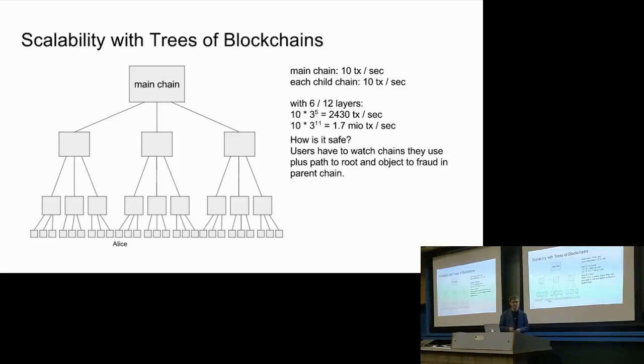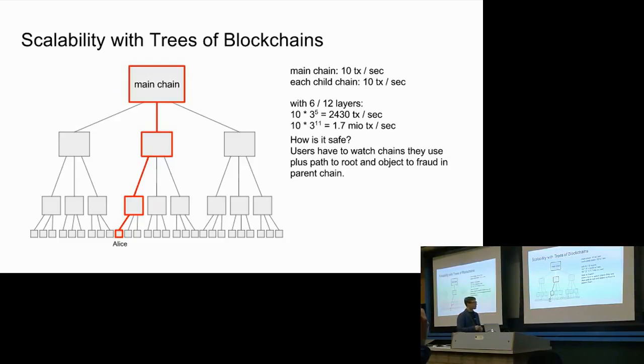For example, Alice has tokens inside this tiny subchain here.